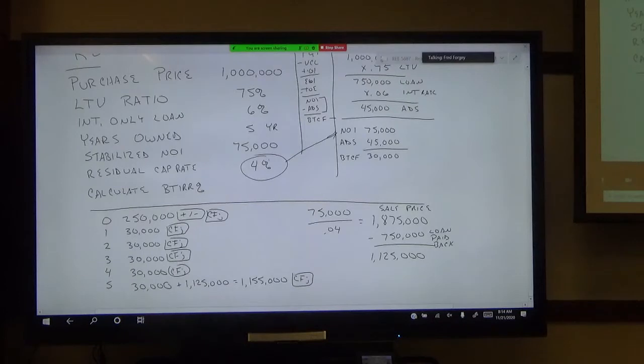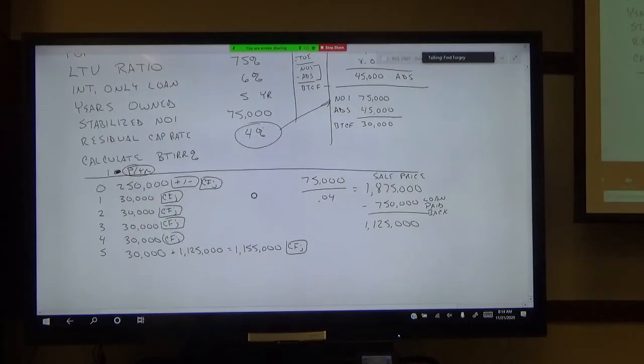Okay, and since this is all one payment per year, you can write that in just in case you didn't do that already. Once you've got all of that, you should be able to solve for the internal rate of return for that property.